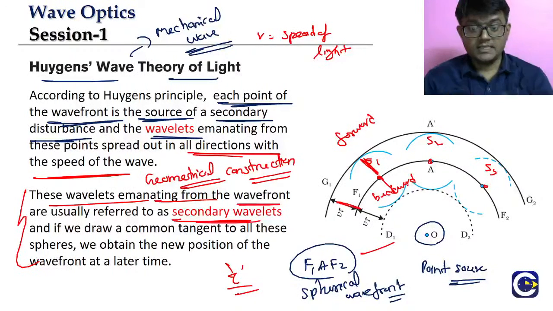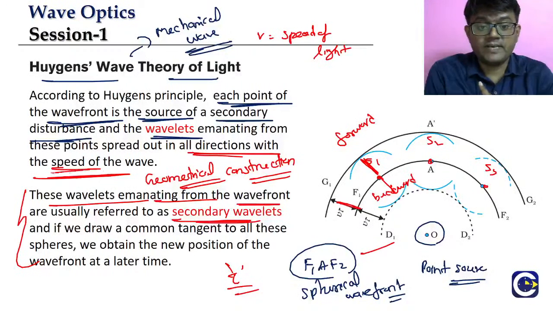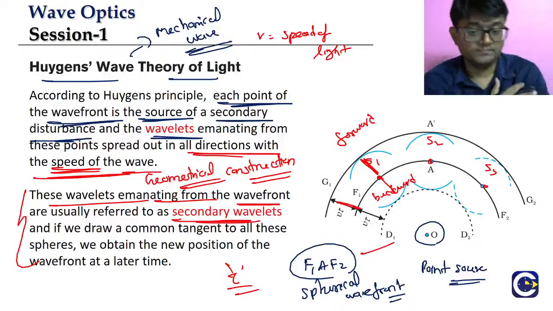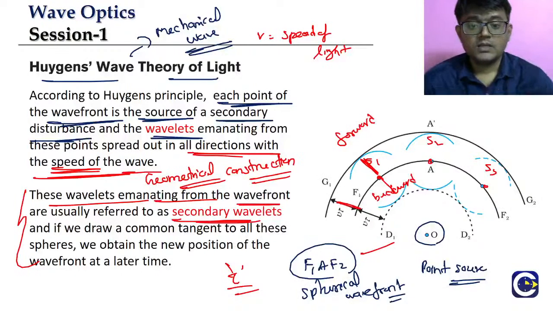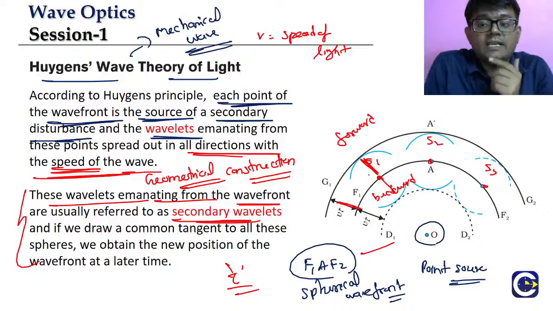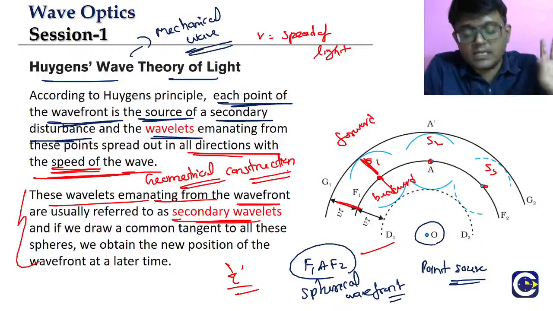Remember, the secondary disturbances will travel in all directions, meaning in forward as well as backward. So they will cover a distance of v into tau. Now we can identify their position by using the geometrical construction.